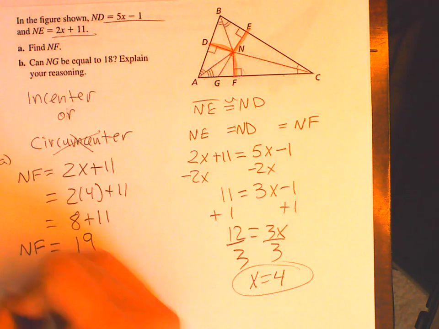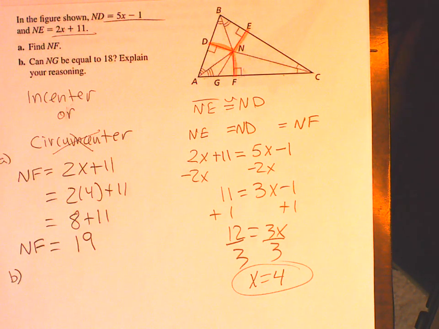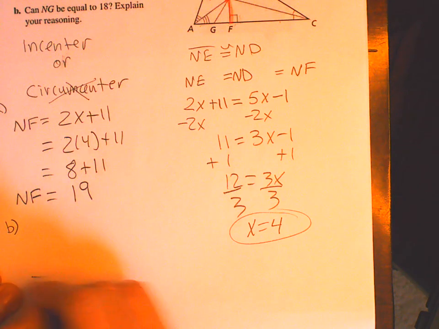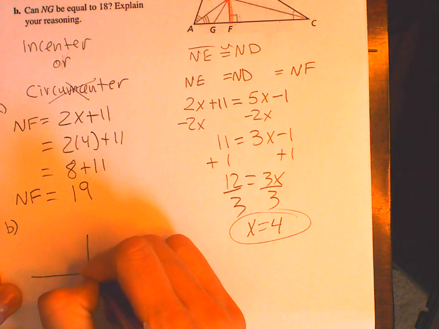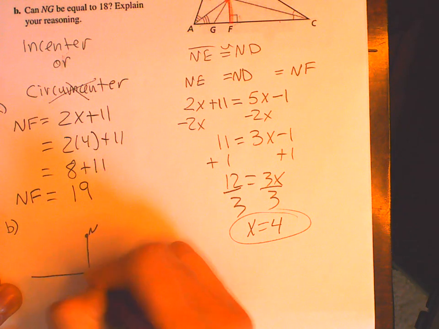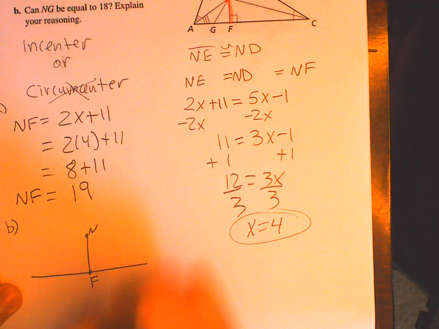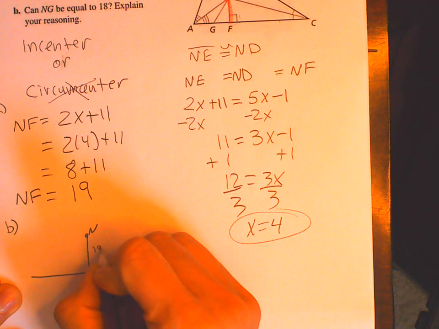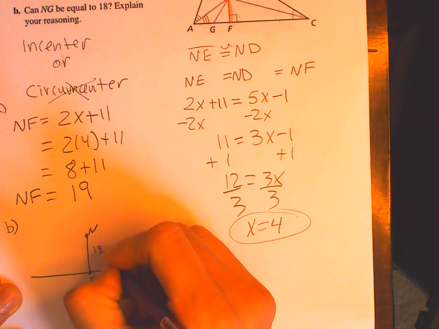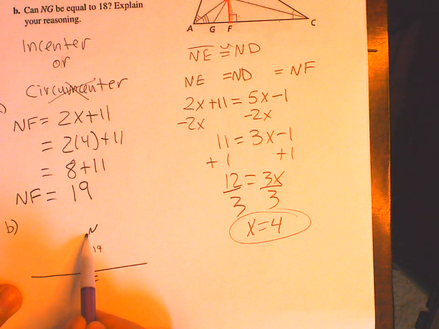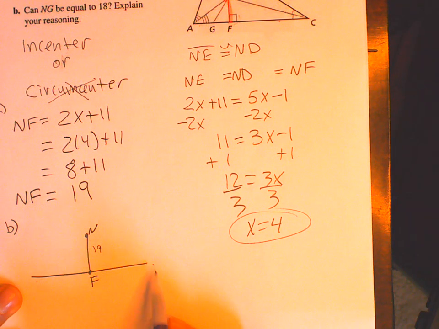What about part B? Part B is asking, can NG be equal to 18? Well, think about this. You have a line, and you have NF, and this distance happens to be 19. That means this is the shortest distance between this point and this whole line.